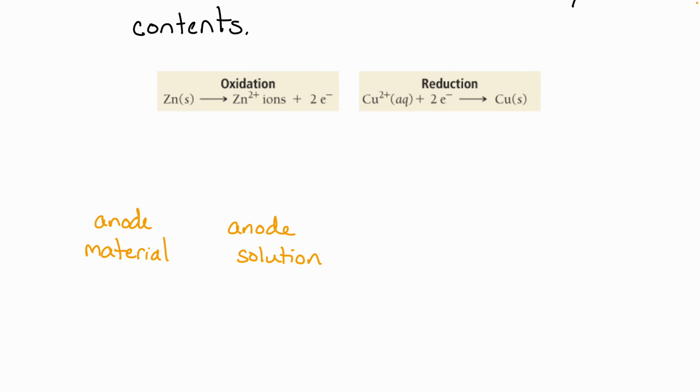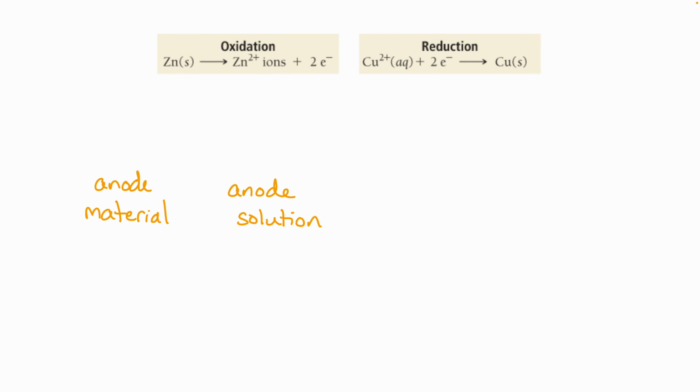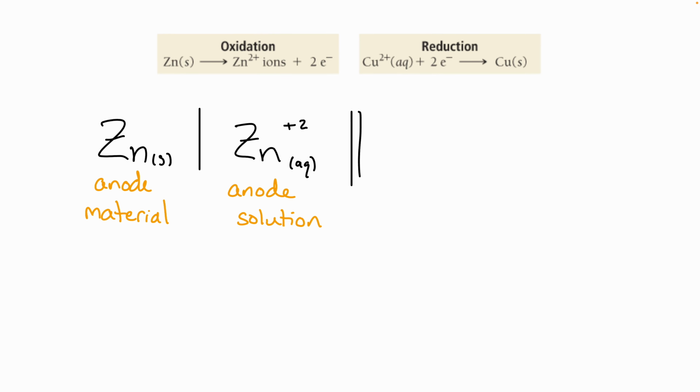All right, so in our standard cell notation here, the first thing is that anode material, zinc, solid, and then we use this vertical bar to separate our anode solution, our aqueous zinc ions. And then we're going to have these two vertical bars, and they're going to separate what happens at the cathode.